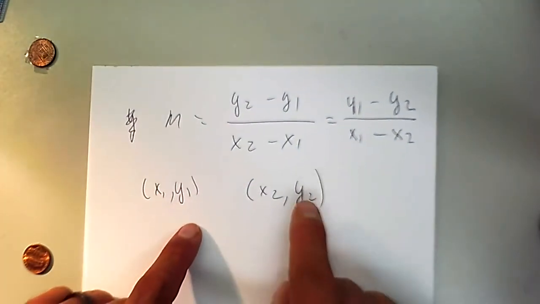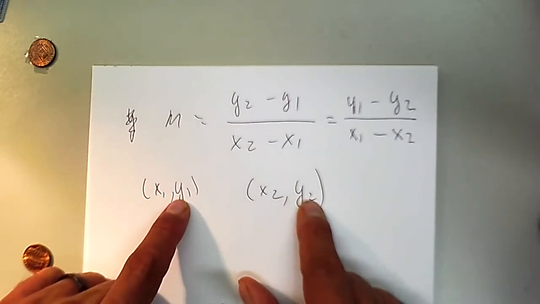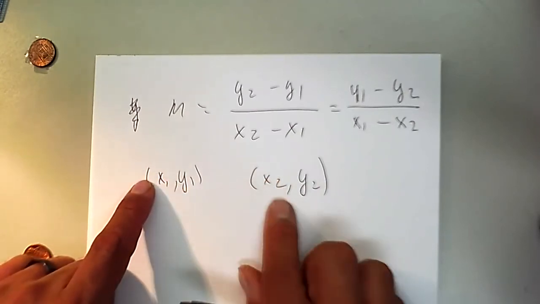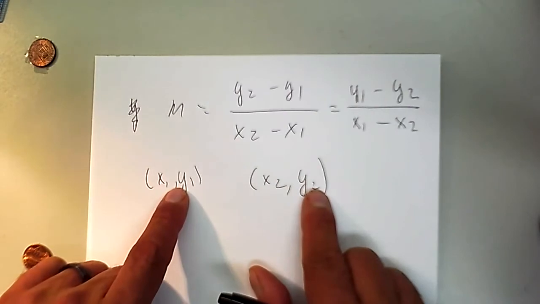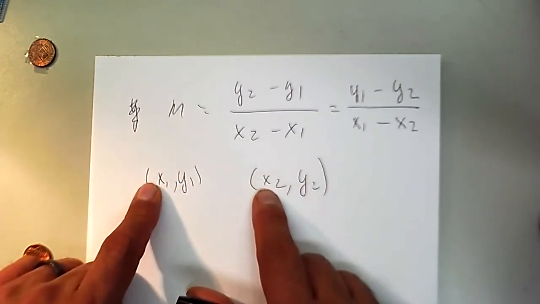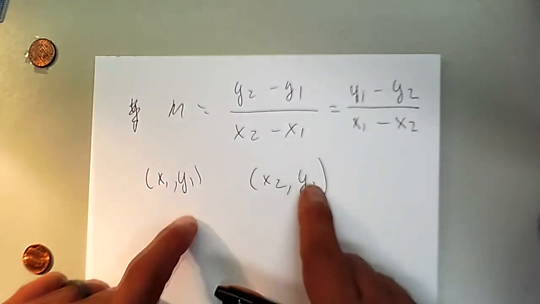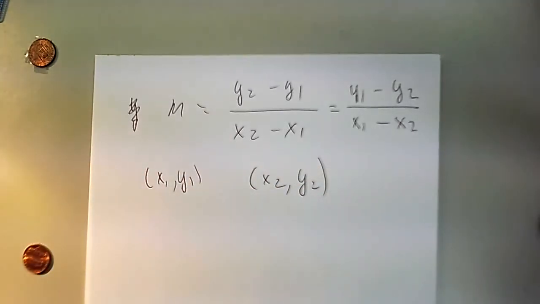If we subtract y2 minus y1 in the numerator and do x2 minus x1 in the denominator, we're good. Or if you do y1 minus y2 in the numerator, then we have to go x1 minus x2 in the denominator. The problem is if we do y2 minus y1 and then x1 minus x2, because then we're not keeping the consistency.